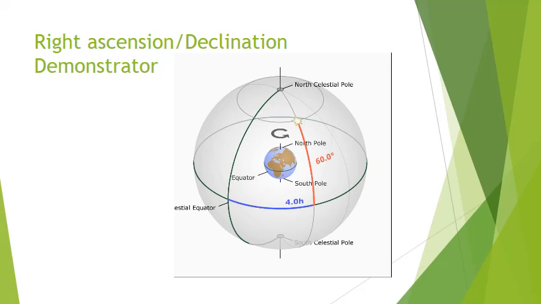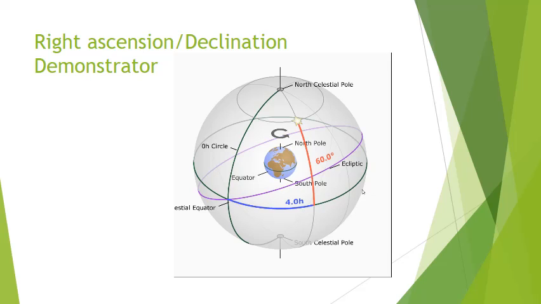Remember, the right ascension is built off the ecliptic. So when I throw the ecliptic on here, remember the ecliptic is the apparent path the sun takes through the sky over the course of an entire year. And when I throw the ecliptic on there, I notice that it intersects the celestial equator in two spots, the vernal equinox and the autumnal equinox. And remember, these are in hours. So the 0 hour is my vernal equinox.